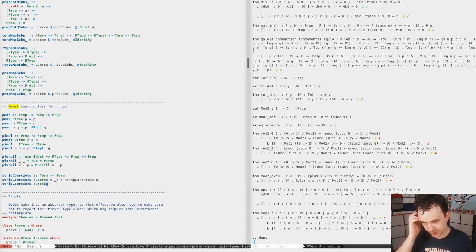So rewriting equal terms is something you can do with the congruence closure that we have built in.